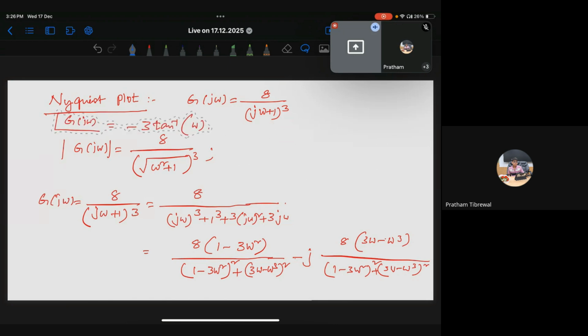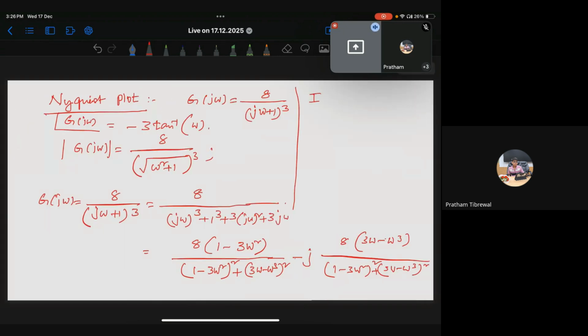If you take the imaginary part of G equal to 0, you get minus 8 times (3 omega minus omega cube) equal to 0, only this part.